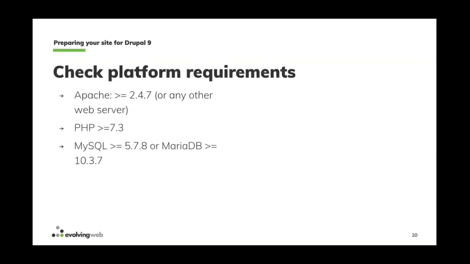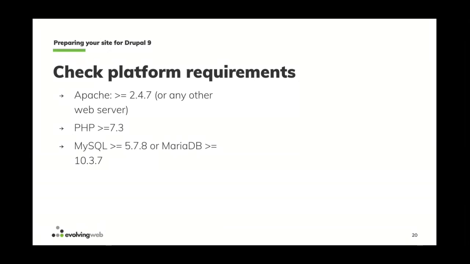What does it mean? If you are using Apache, you need to ensure its version is greater than or equal to 2.4.7. If you're using any other web server, that would be okay. If you're using PHP, it should be 7.3 or greater. If you're using MySQL, you need version greater than or equal to 5.7.8.